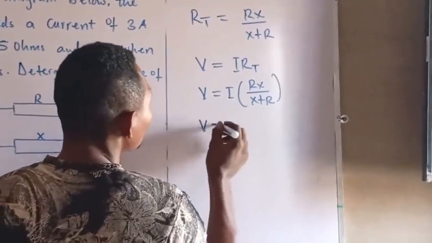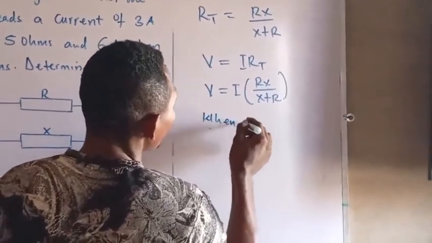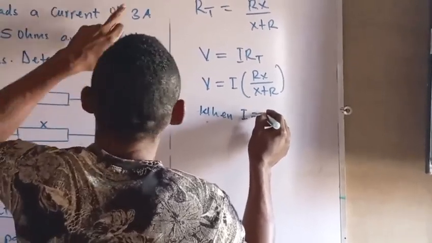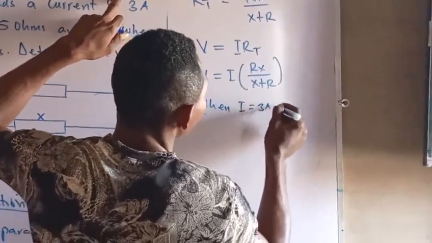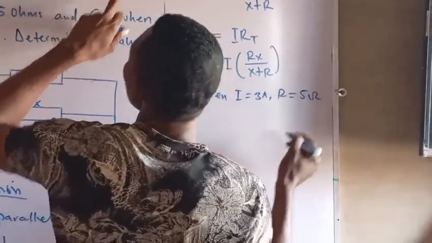So our V will be equal to, let's say when I is equal to 3 ampere, then R is equal to 5 ohms.